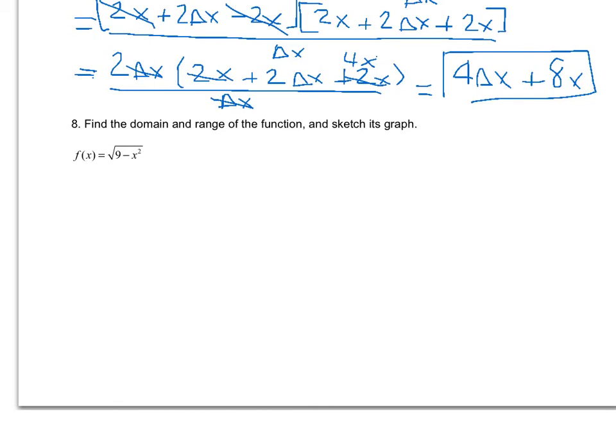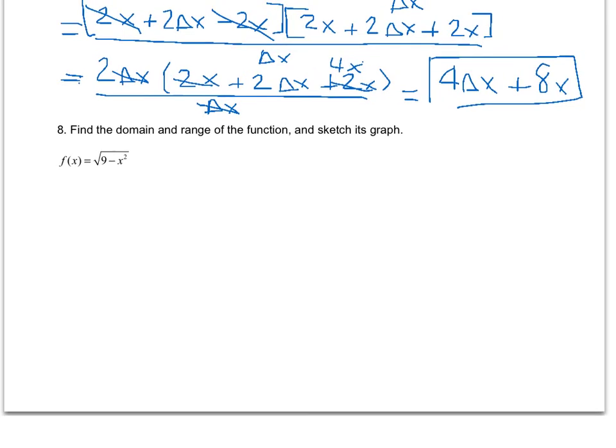Okay, on this problem we were asked to find the domain, which has to do with your x values, and the range, which has to do with your y values. Whenever you're dealing with radicals, this function, the square root of 9 minus x squared, is never going to be less than 0, because you'd get imaginary numbers.